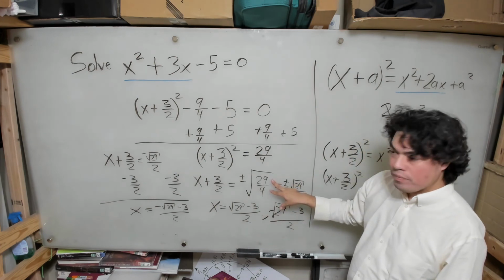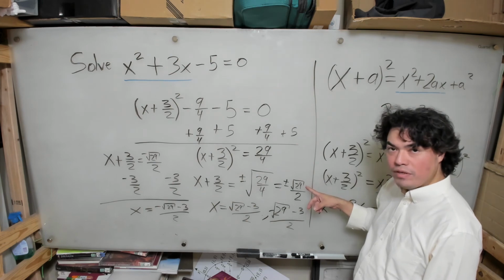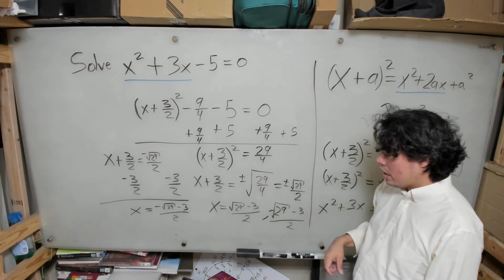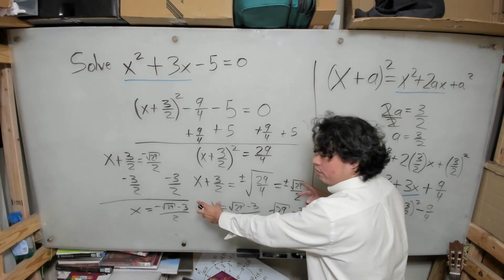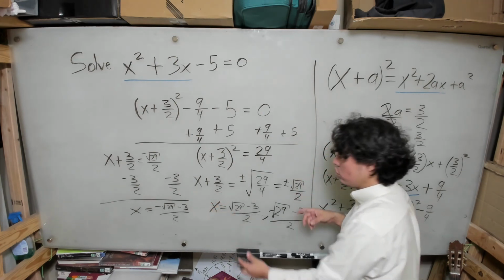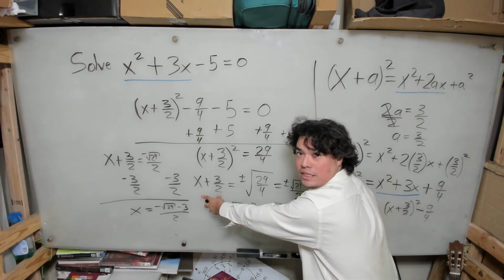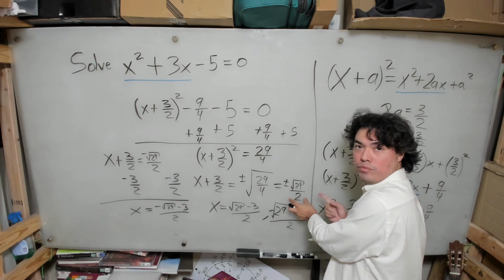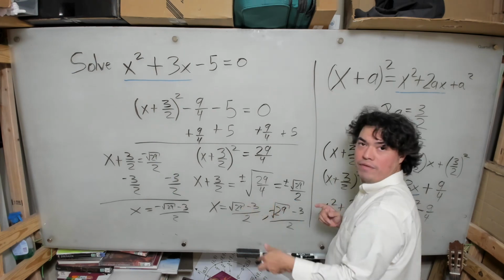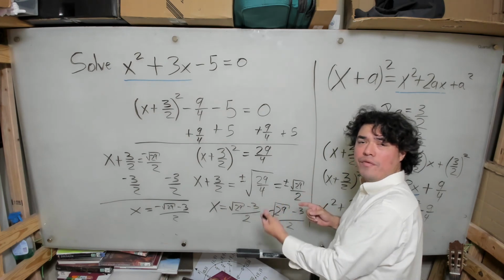Then here, I showed you that if you take the square root of a fraction, it's the same as the square root of the top divided by the square root of the bottom. And then here, to finally finish that off, what we have to do to get the two individual solutions is that we set the left-hand side, the x plus 3 over 2, what was inside the square term, equal to the positive root, solve that for the x, and then we set it equal to the negative root, solve that for the x.